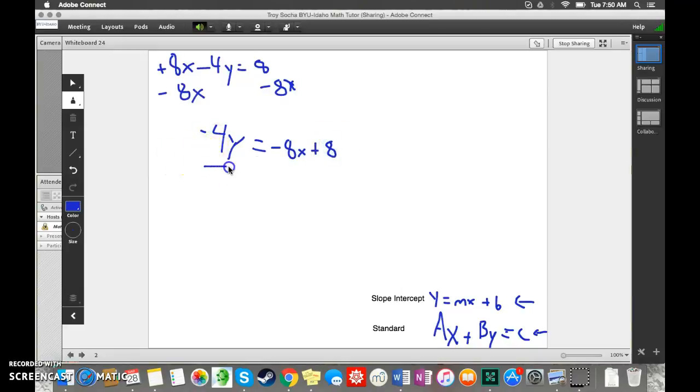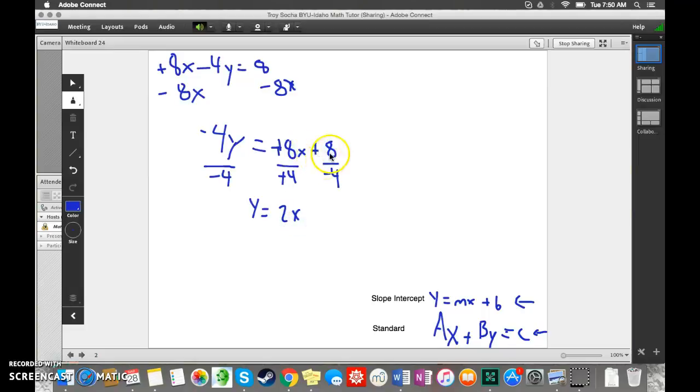Now we need to get y alone, so we're going to divide by the number in front. And we get y equals positive, right? Positive, because a negative divided by a negative is a positive. So we get positive 2 there.